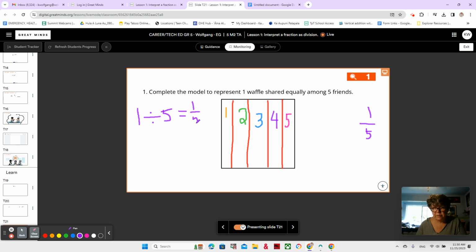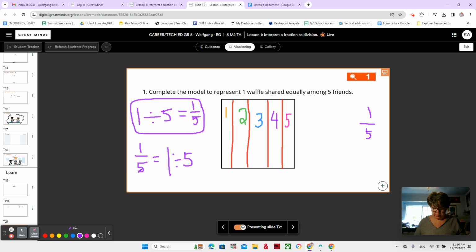Like I said before, this might seem simple to you, but this is the part we're focusing on: division. We could also say 1/5 is equal to 1 divided by 5. If we have 1 and we're dividing it into 5 parts, each part is 1/5.